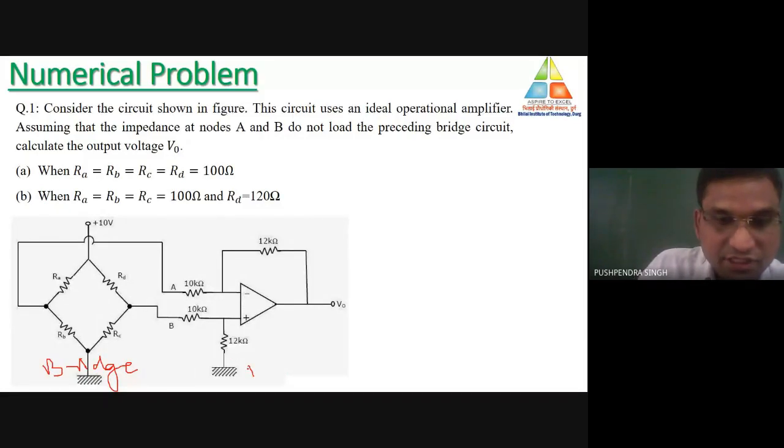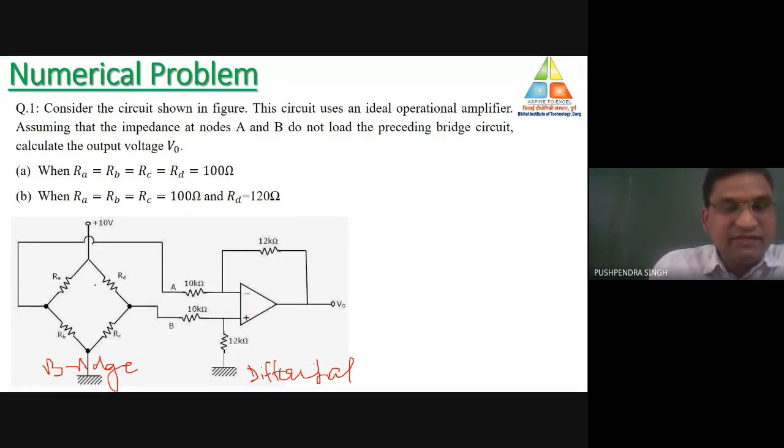This is your differential amplifier, or subtractor circuit. The second circuit or output circuit is a differential amplifier or a subtractor circuit, and its input is connected to the bridge.